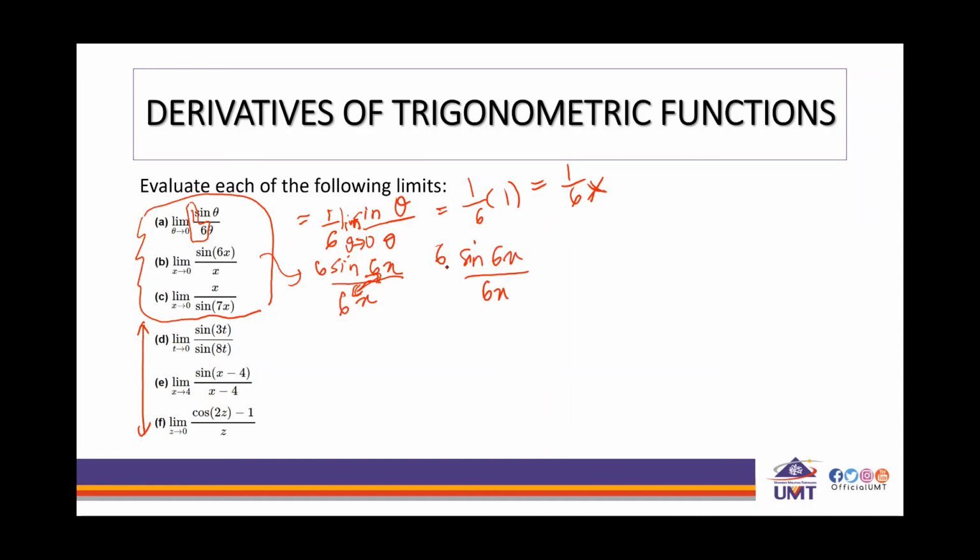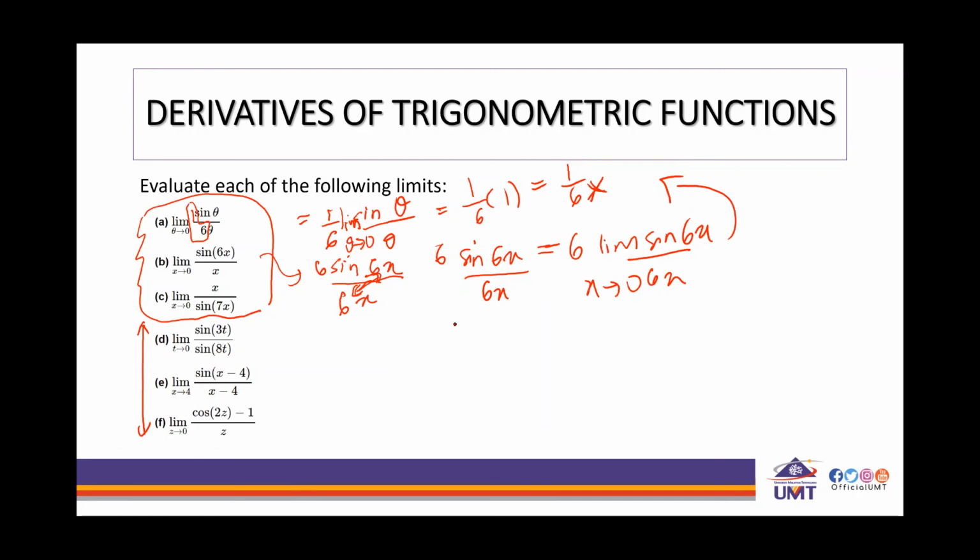This 6 we can take out to become a constant, so it's easier to answer. So it will be 6 times the limit of sin 6x over 6x, x approaching 0. So now you can answer your question just like this one, all right?